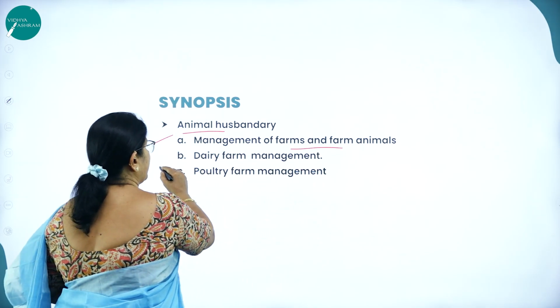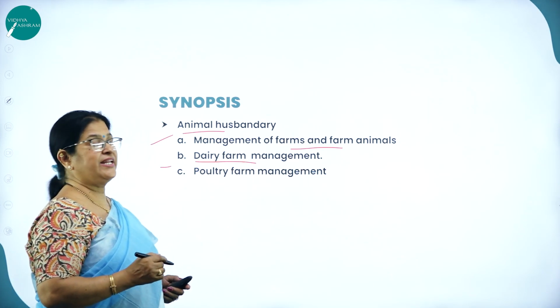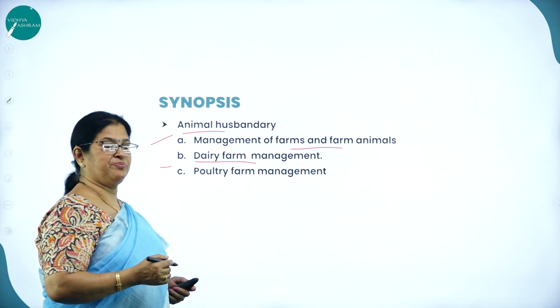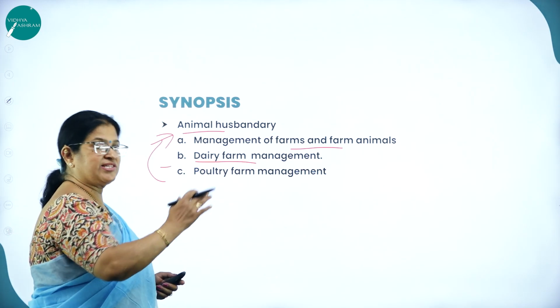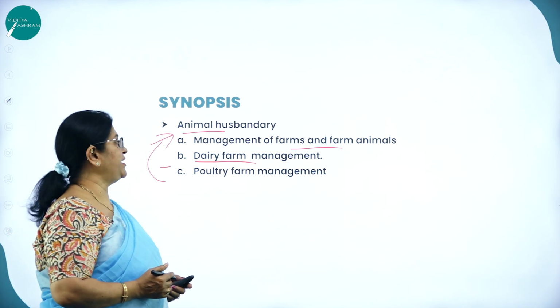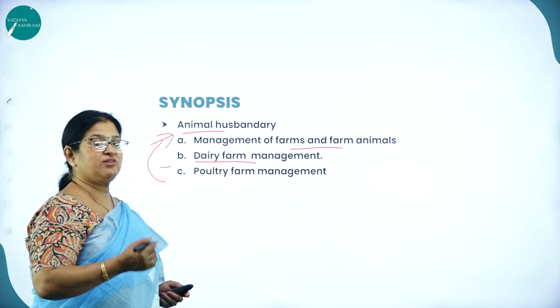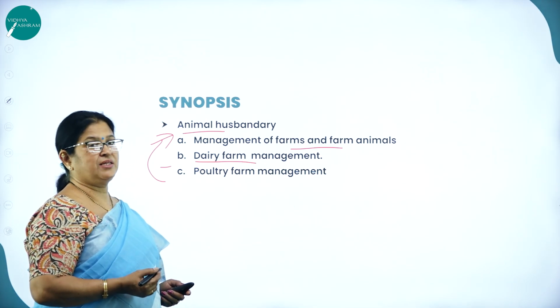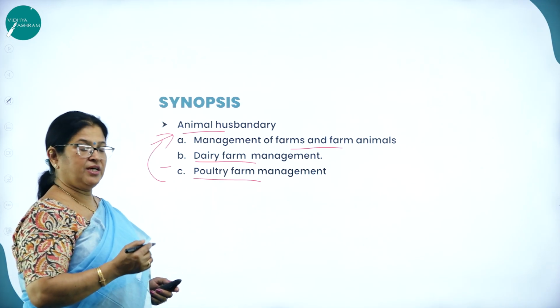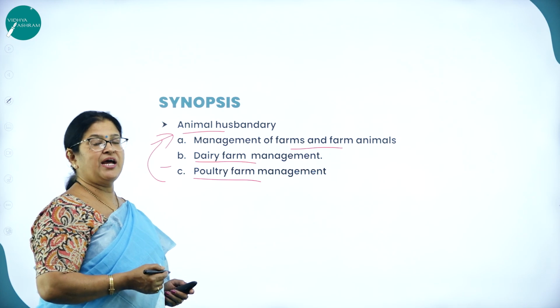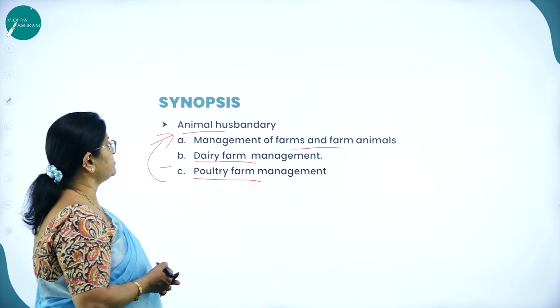For example, dairy farm management and poultry farm management are extended forms of animal husbandry. Dairy farm management is the raising of cows for milk and milk products. Poultry farm management is the domestication of fowls for meat and eggs.